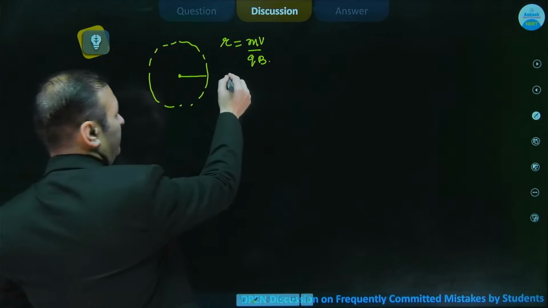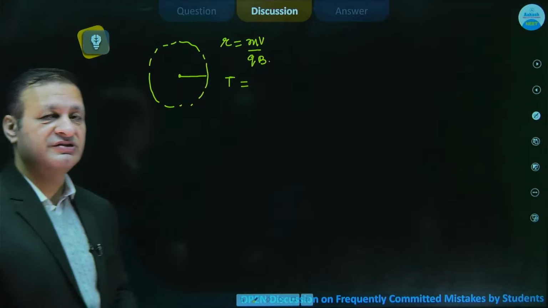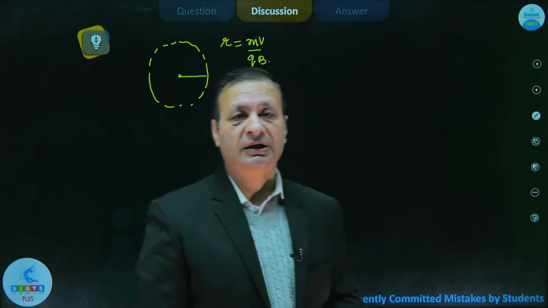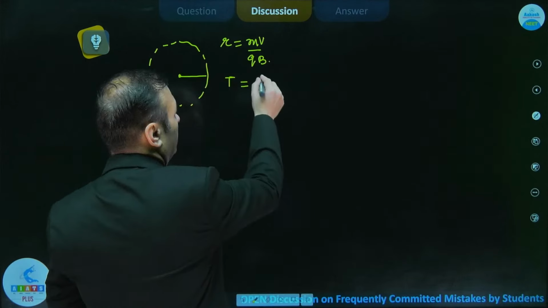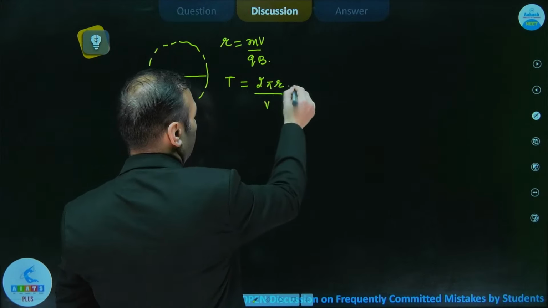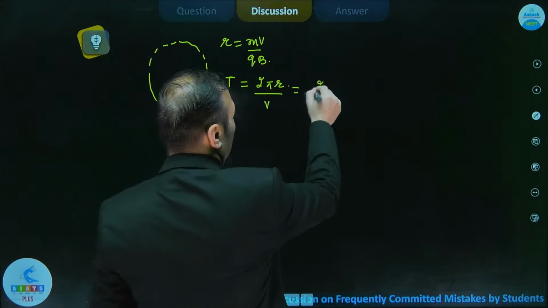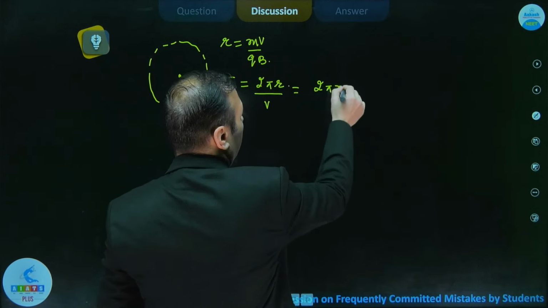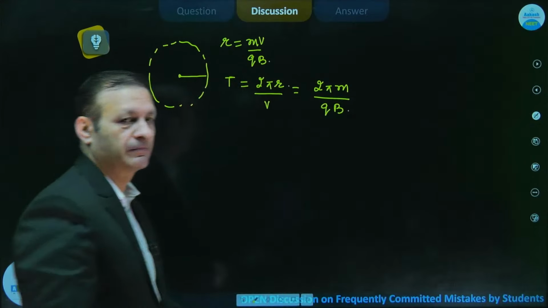Now, because this is in a circular path, we can easily calculate its time period, the time taken by the particle to complete one round, and that time period we write as 2 pi r by v. And when you put the value of r over here, you will have 2 pi m by qB.